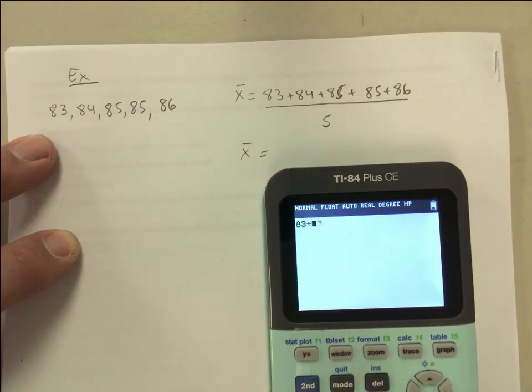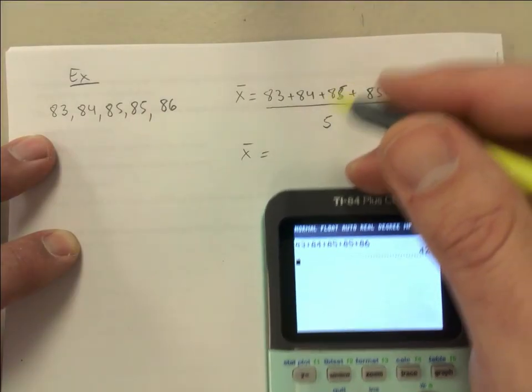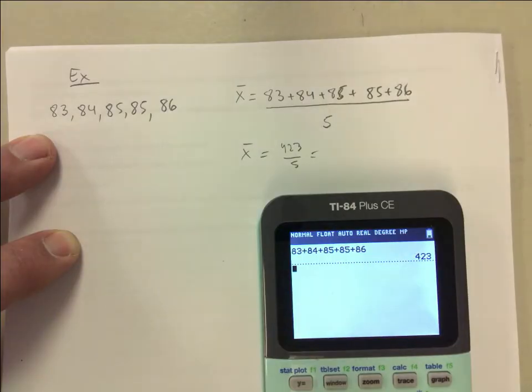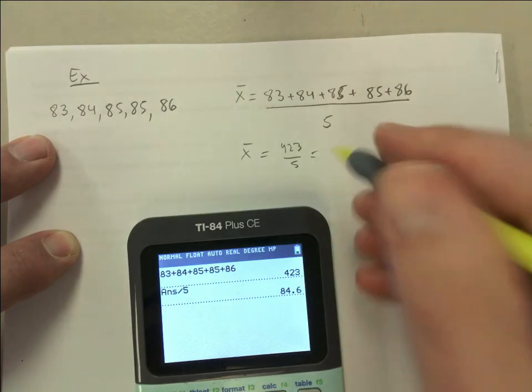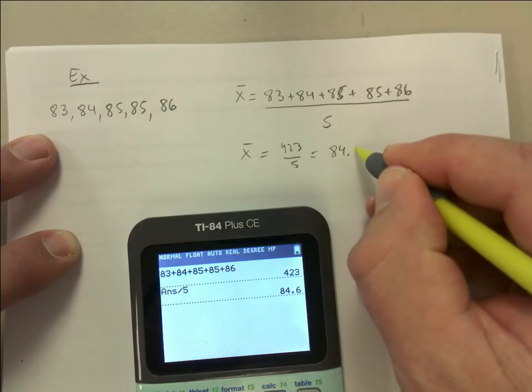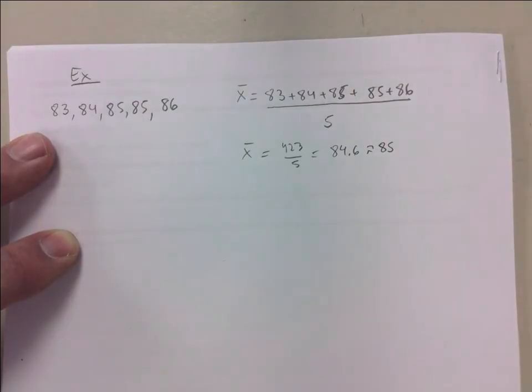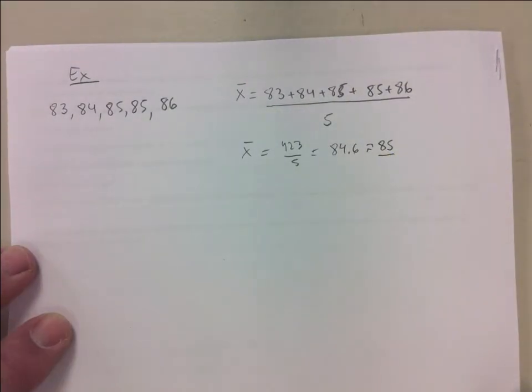Oops, I made a mistake. That doesn't happen very often. So it's 423 divided by 5. My average is 84.6, which is about 85. Normally I don't want you to round, but in this case it's 85.